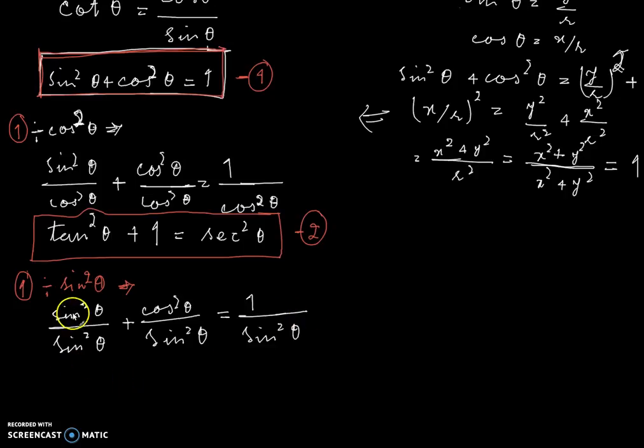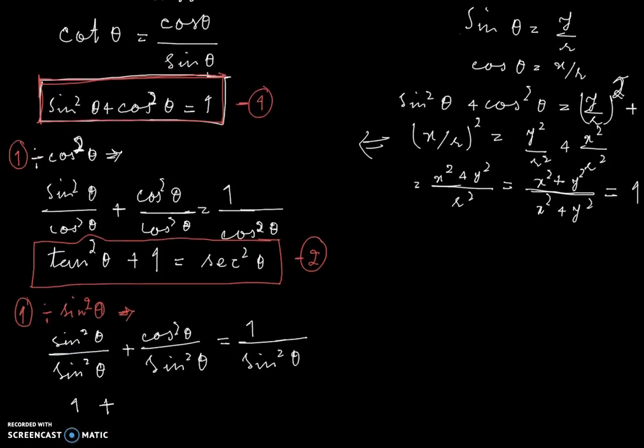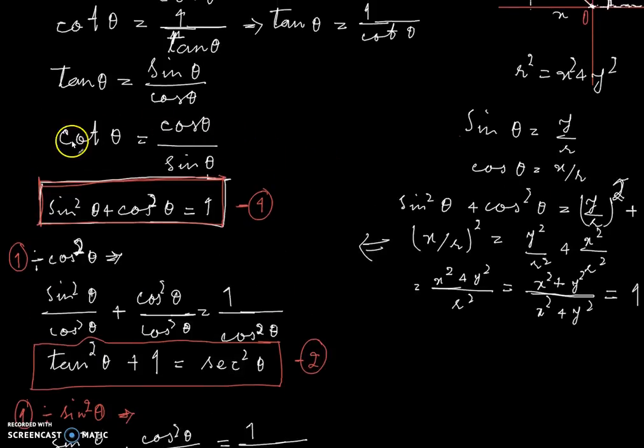Now you know that sine squared theta by sine squared theta is 1, plus cos squared theta divided by sine squared theta is, as we had here, cos theta divided by sine theta is equal to cot theta.